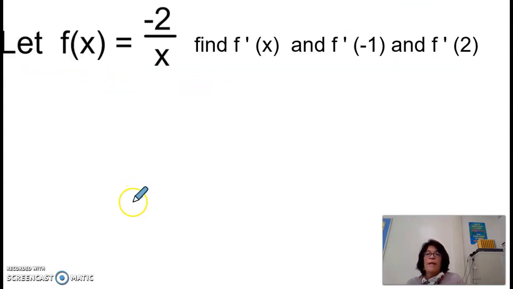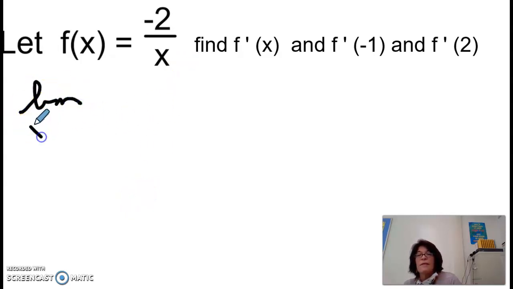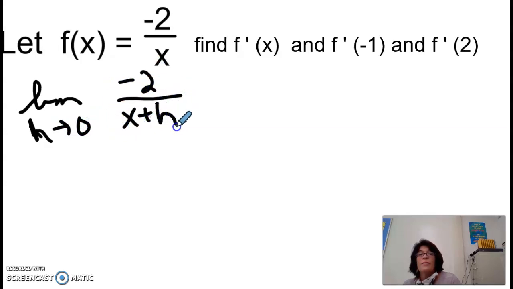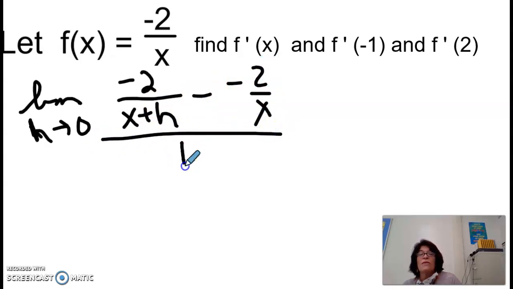Okay, let's try it with this function. Okay, I need to do the same thing. It's the same thing over and over. We're finding the limit as h approaches 0 of f of x plus h minus f of x all over h. Okay, every time. Now, minus a negative, let's just change that to plus. Okay, there's no sense having minus a negative.